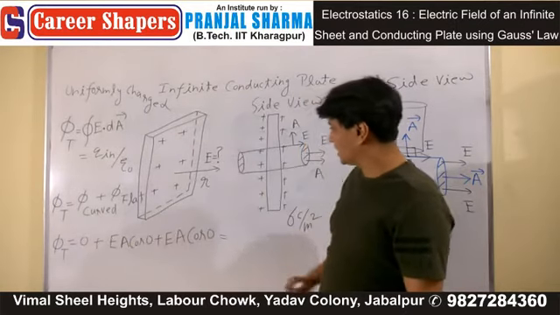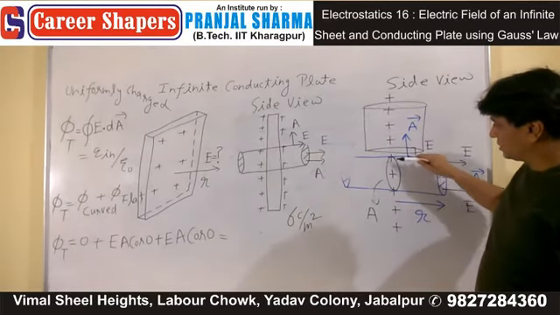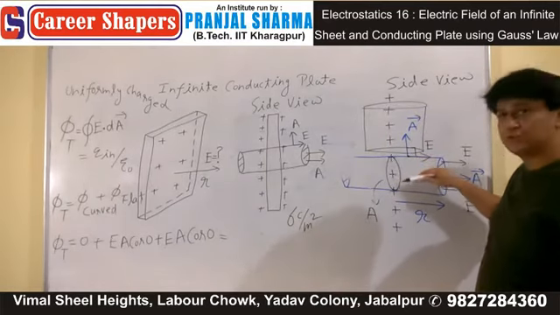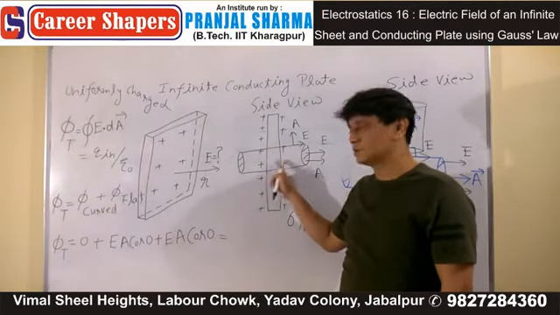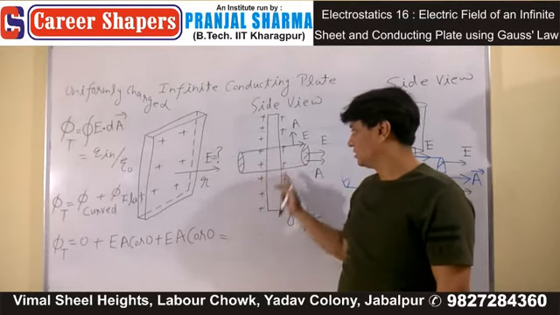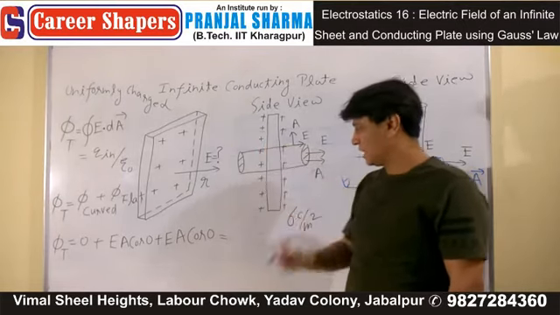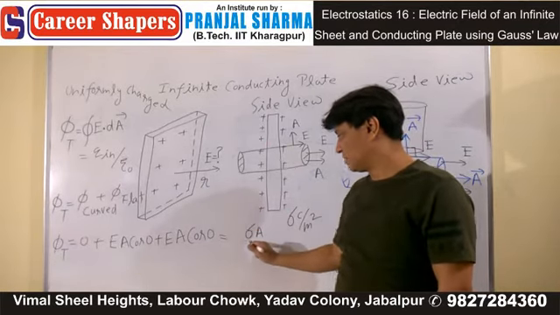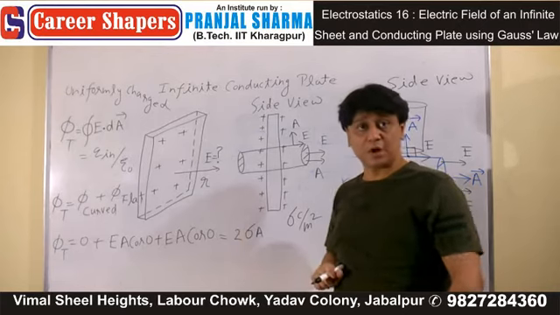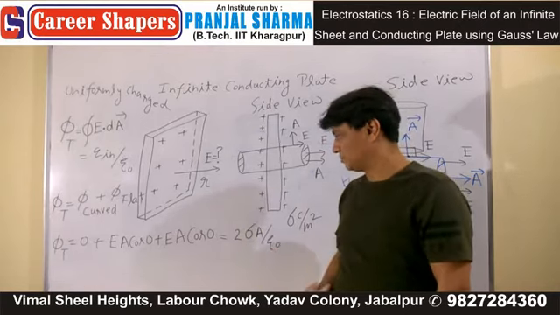What is charge inside? When you had a single sheet, there was only one charge distribution, but now there are two charge layers inside. This sheet and this sheet, and therefore charge inside is what? Sigma A into 2. There are two layers, divided by epsilon 0.